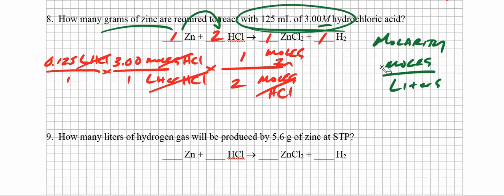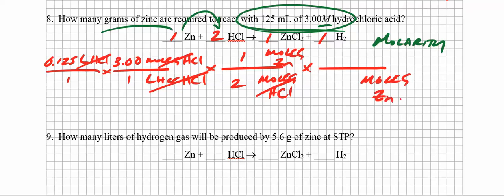I'm going to erase this because I'm going to need that room, and I'm going to need to do one more step, right? And the step that I'm going to do is whatever unit's in the upper left goes in the lower right. We've got moles of zinc in the lower right now, and I need to get to grams of zinc because that's what I'm being asked.